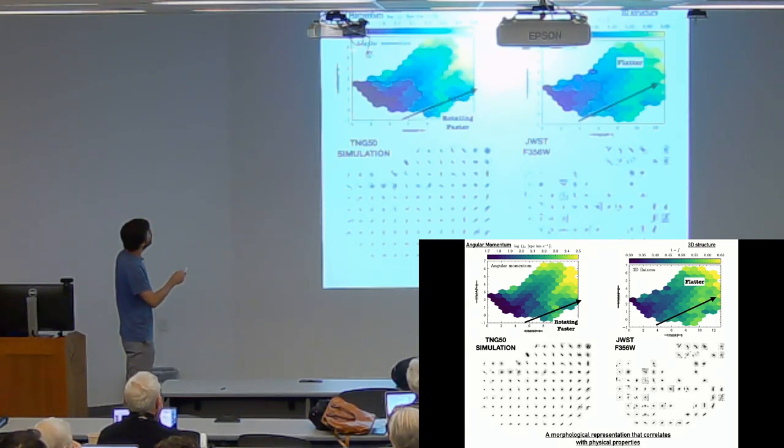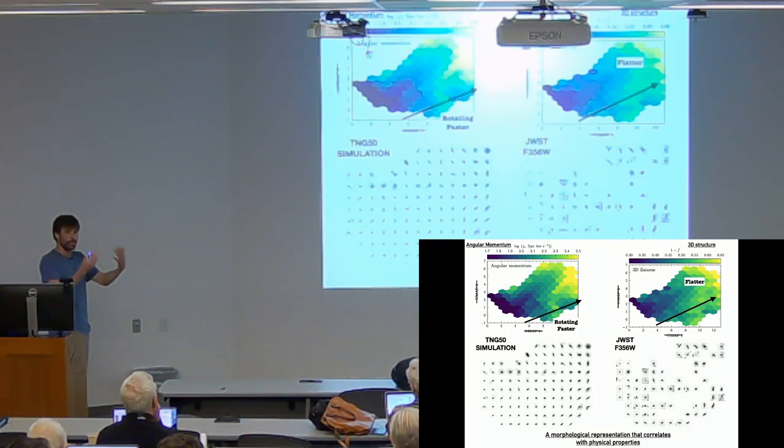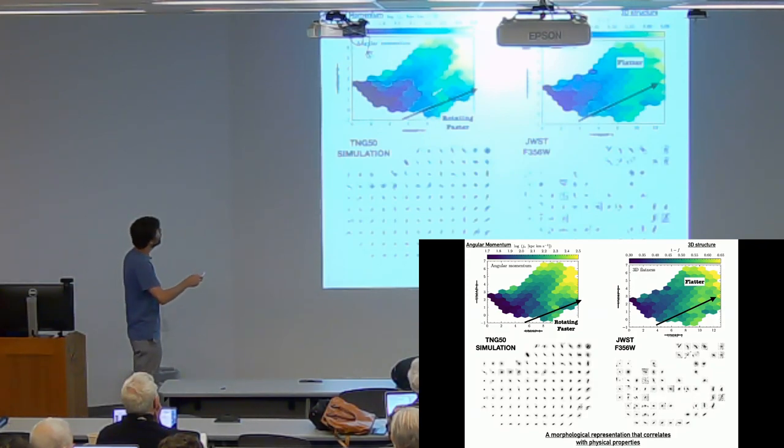And this is the stellar angular momentum. You see that, based on the images, things that fall in this region of the manifold have low specific angular momentum, and things that fall in this region have higher specific angular momentum. I'm not plugging in any physics, only the information from the images, and I'm getting a natural correlation with physical properties in the simulation.